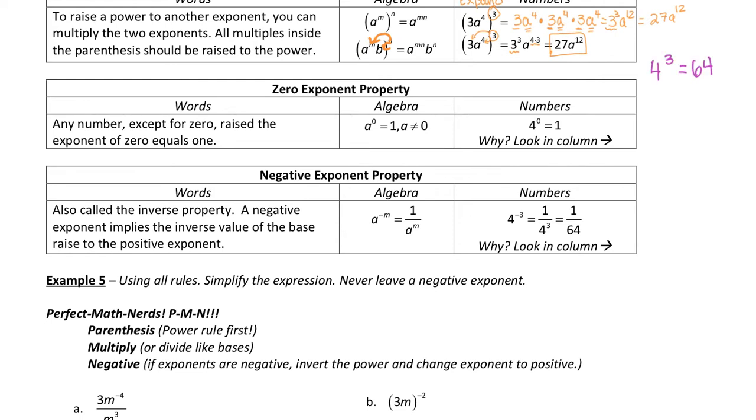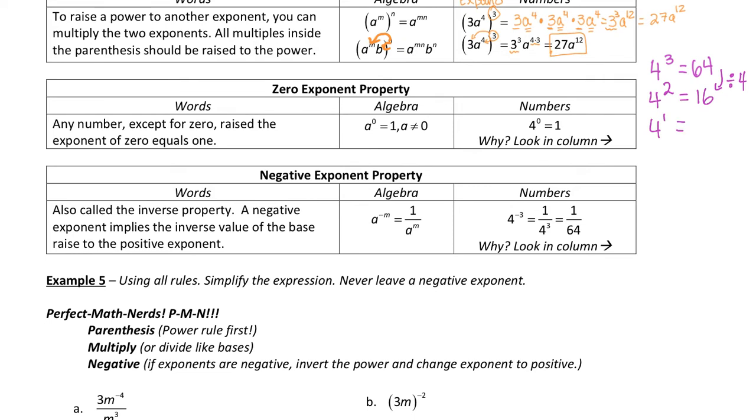To show what I mean, I'm going to start with 4 to the 3rd power, which, by the way, 4 times 4 times 4 is 64. And I'm just going to go down one exponent each time. So now 4 squared is 16. Now, if we think about it, to get from here to here, I'm really just dividing by 4 each time. And then I've got 4 to the 1st power.